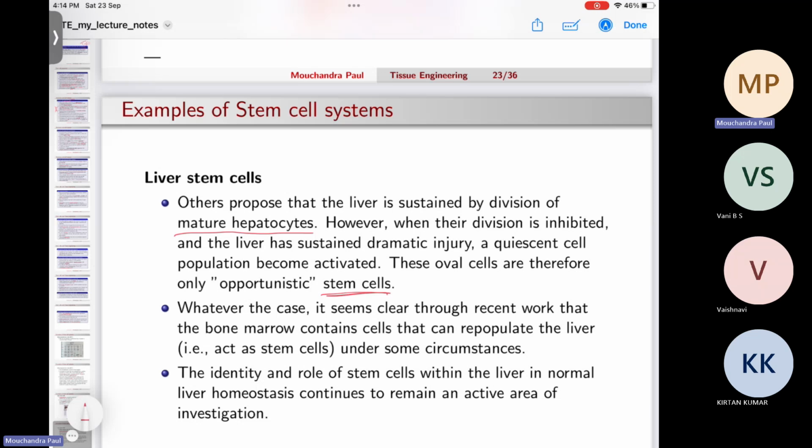Liver is a very difficult organ to find, because of which billions of people are dying. So a lot of research in this area needs to be done.